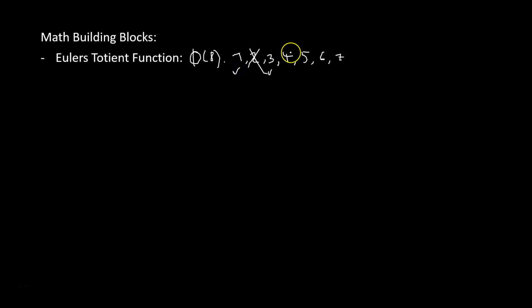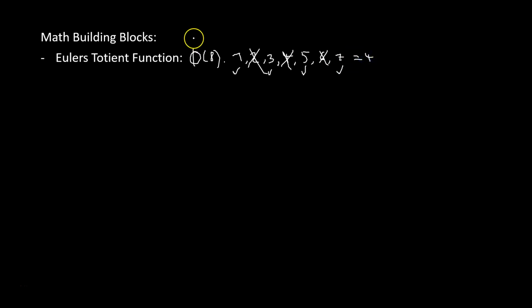Okay. 4 is also divisible by 2, so that is not counted. 5 is only divisible by 1. 6 again is divisible by 2. And 7 again only by 1. So the phi of 8 would be 4.